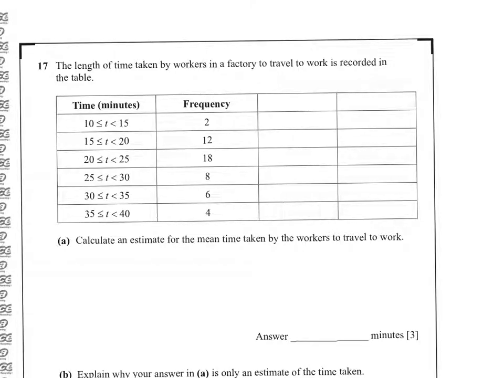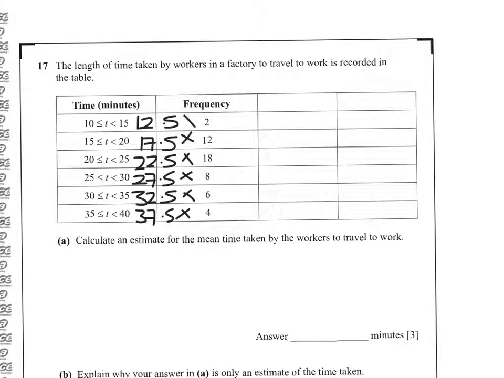To find the mean, we want the midpoints, so 12.5, 17.5, 22.5, 27.5, 32.5, and 37.5. And for each of those midpoints, we want to multiply them by the frequencies.